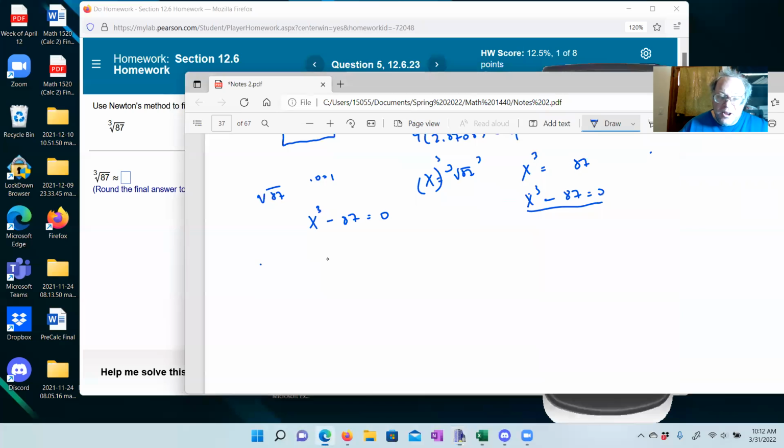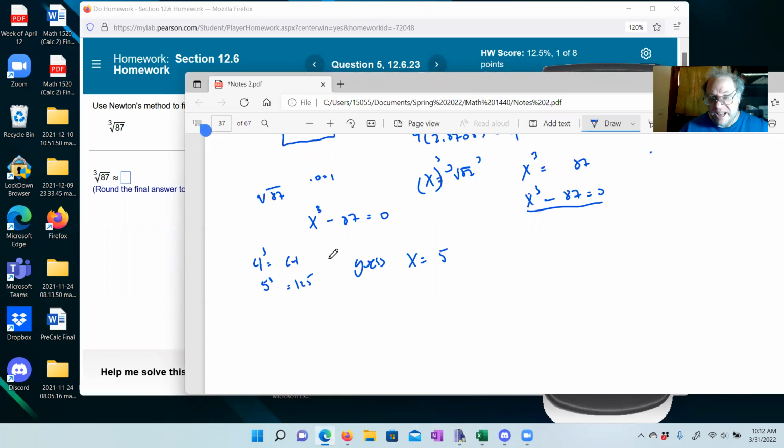Well, I know that 4 cubed is 64. 5 cubed is 125. 87 is somewhere between 64 and 125. So we'd have to guess one of those things. So why don't we guess the cube root of 87 is x equals 5.